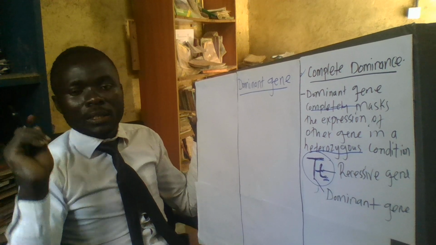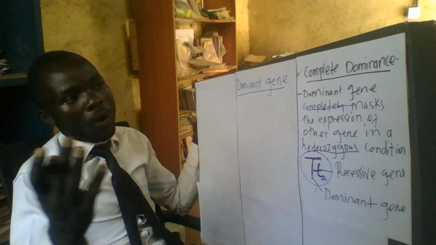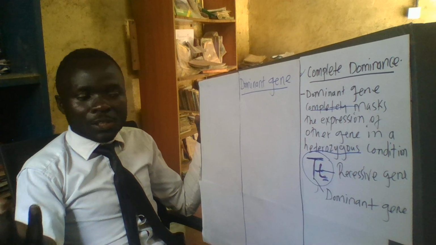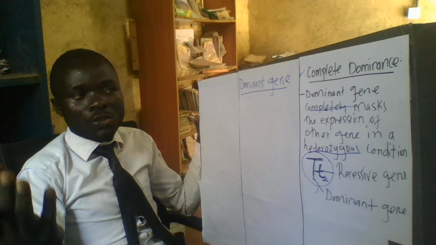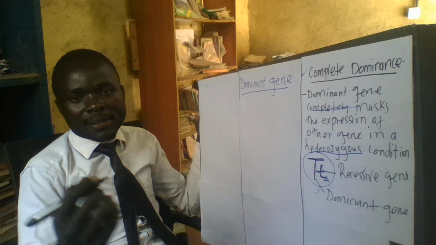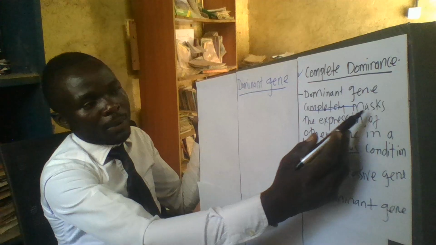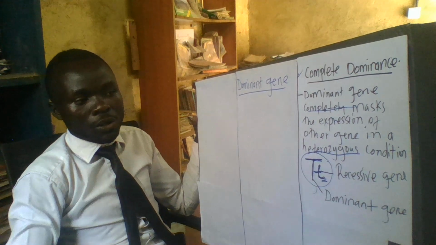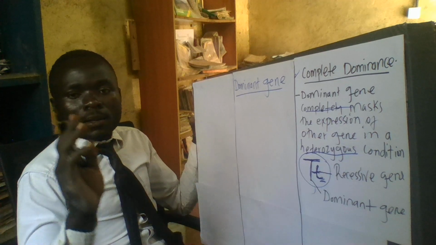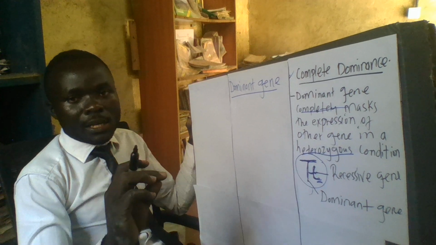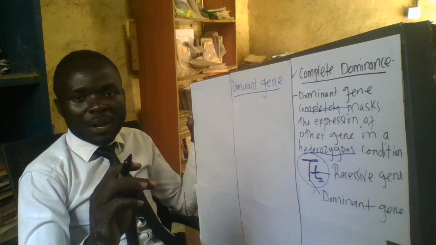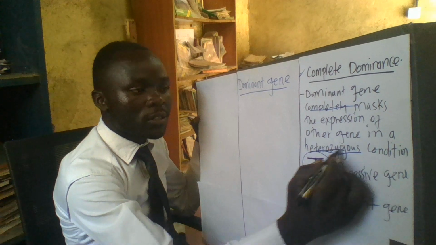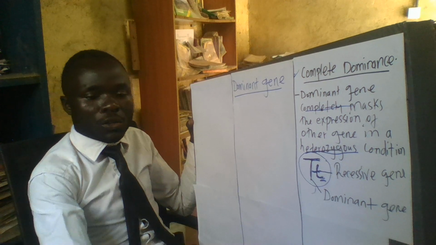So allow me to describe what is complete dominance. In complete dominance, the dominant gene completely masks the expression of the other gene in a heterozygous condition.